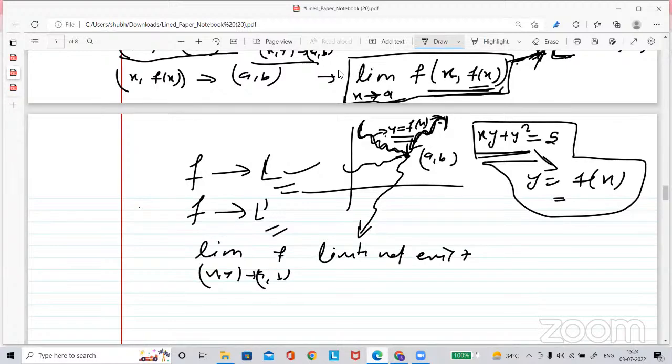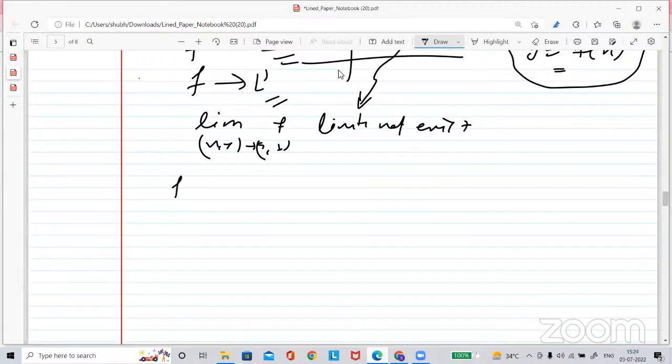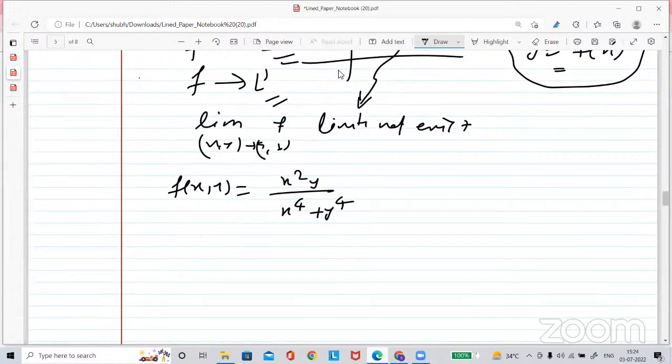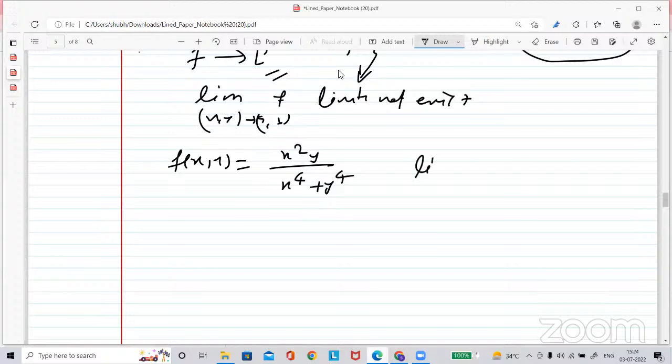So let me tell you, with an example. Maybe now it will be clear to you. Suppose we have the function f(x, y) equals x squared y upon x to the power 4 plus y to the power 4, and we want to check whether the limit as (x, y) goes to 0 exists or not.